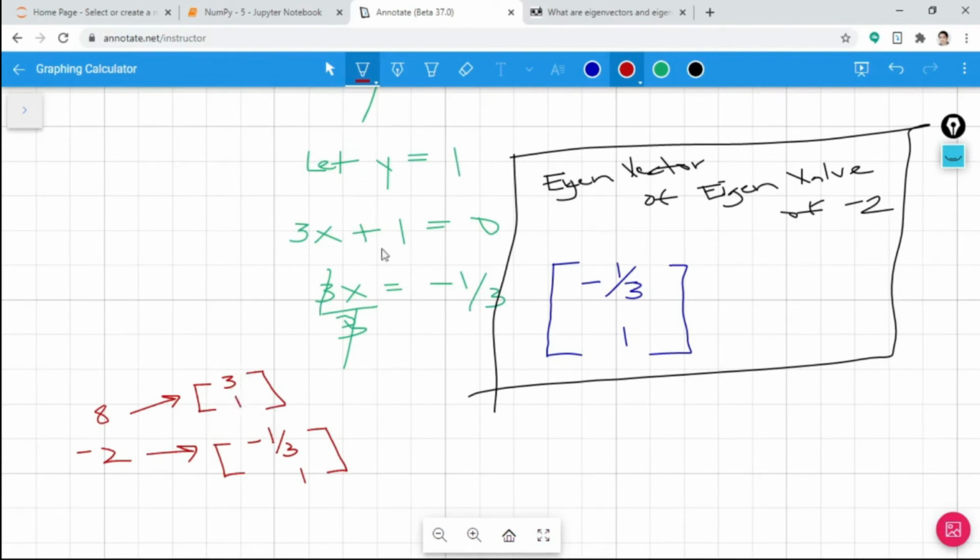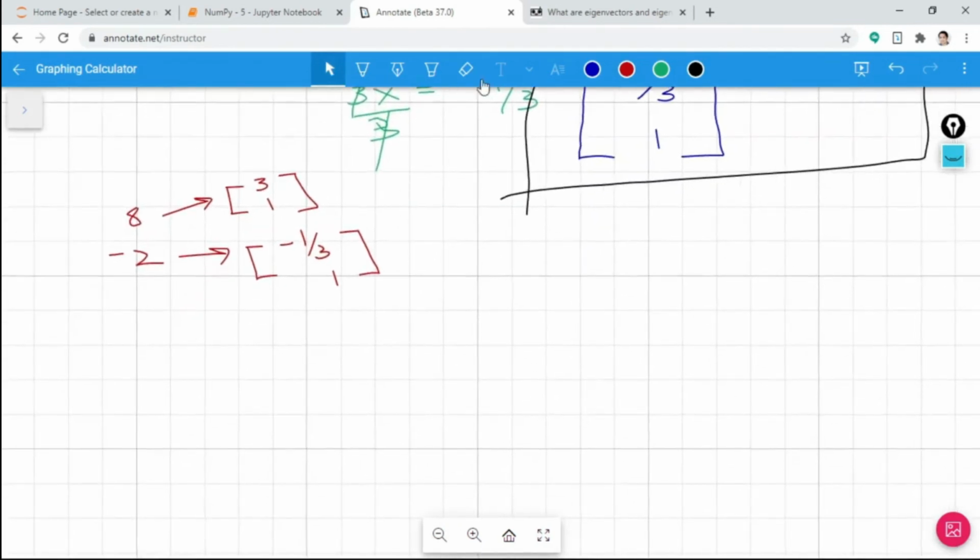Okay, for checking, let's check for example 1. Let me move this. Remember our given: we got 7, 3, 3 and negative 1.